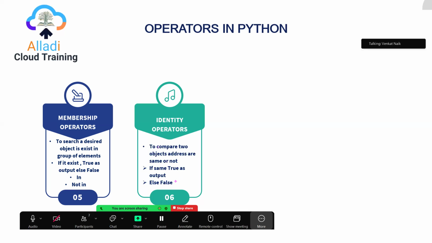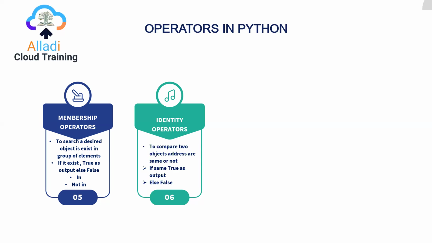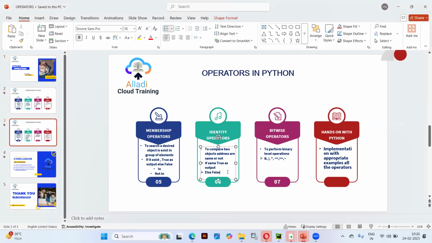Identity operators are is and is not. There are 2 operators, the is and is not operators. Let us see.